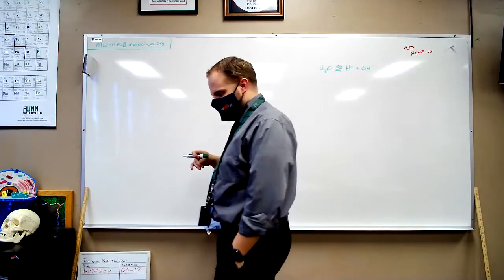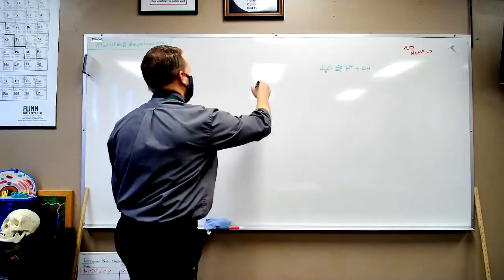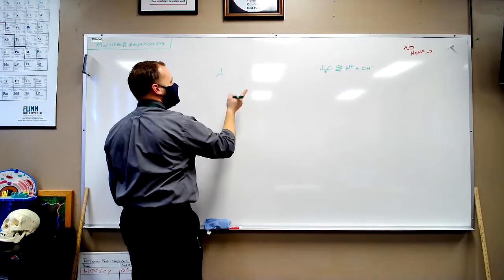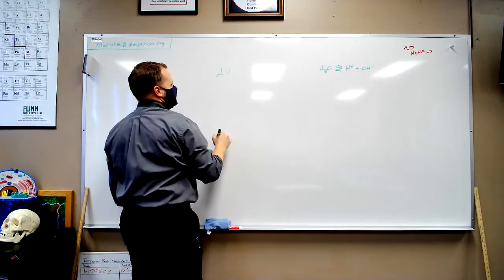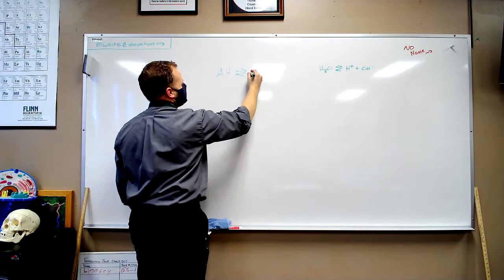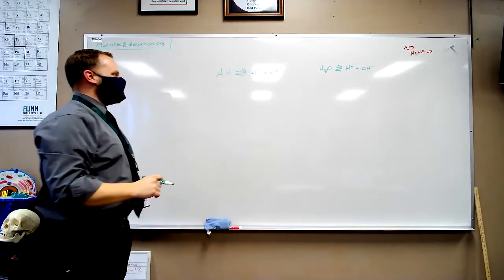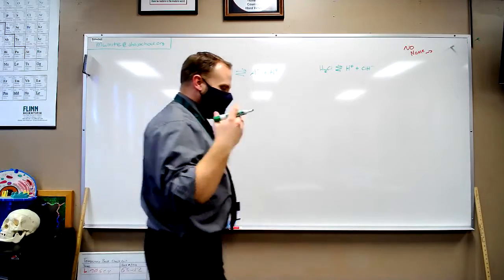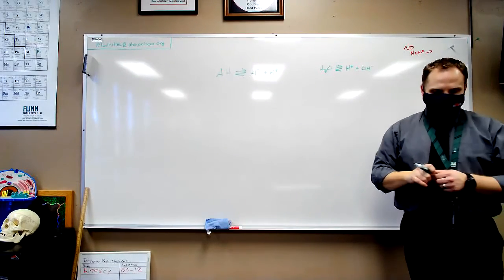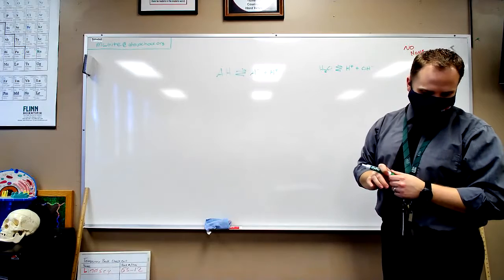Basically, what the Arrhenius model says is anything is an acid if it has a hydrogen that can pop off. So anything that has a hydrogen that's able to jump off and come into solution is an acid.